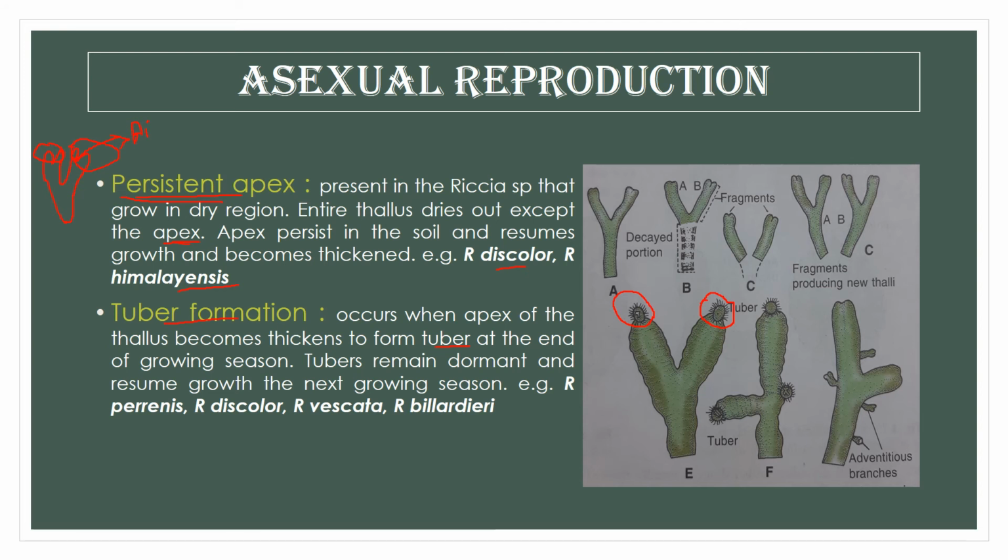This type of tuber formation is found in Riccia perennis, Riccia discolor, Riccia vesicata, and Riccia billardieri. So these are the four methods.